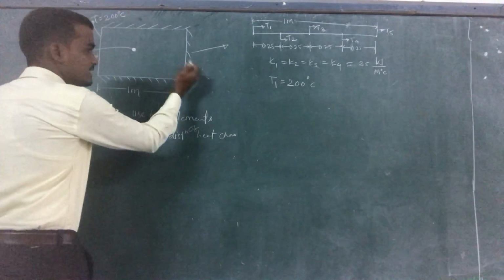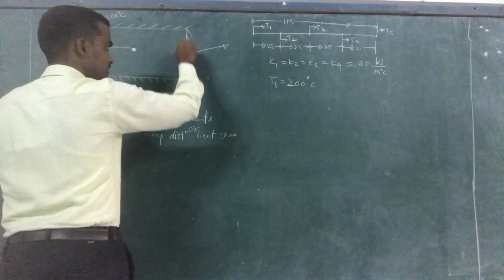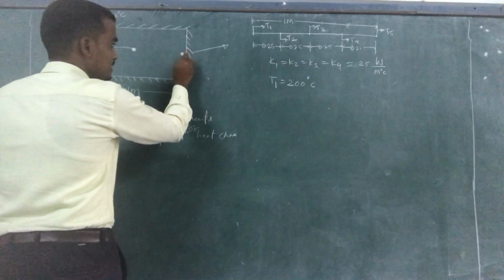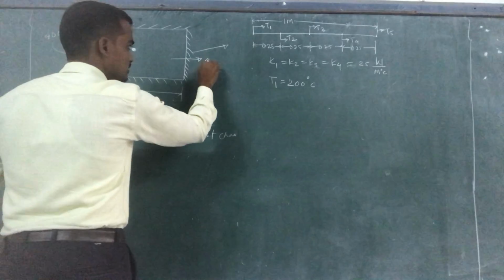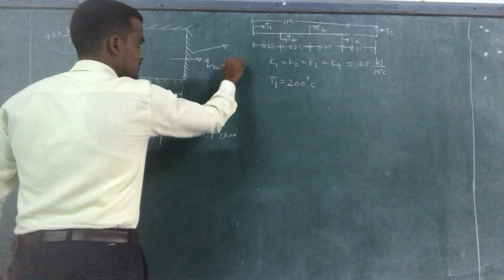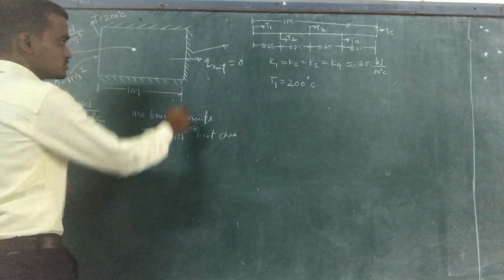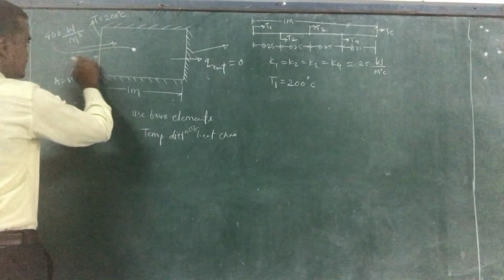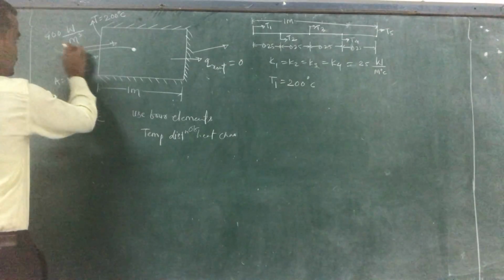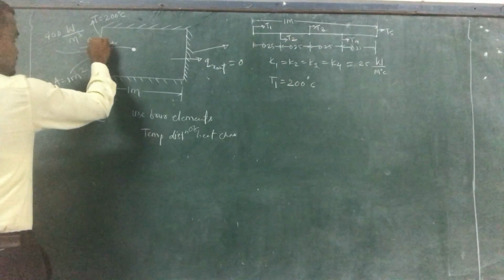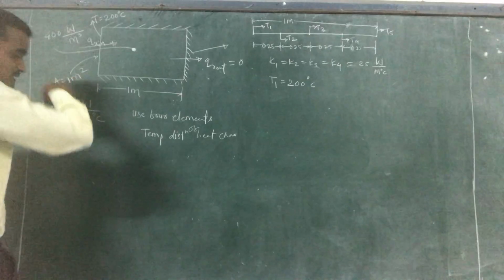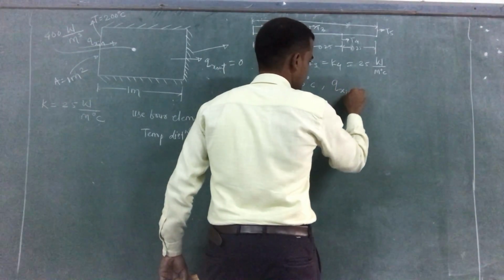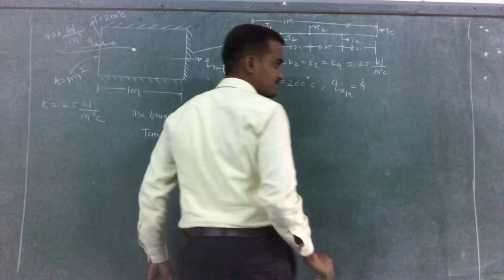Next, the right-hand side is insulated. So for this right-hand side, the heat output Qx out must be equal to 0 because of this insulation. Similarly, the heat going inside is your Qx in, which we need to find out, Qx in equal to question mark.